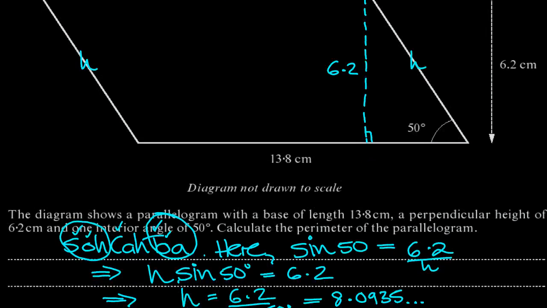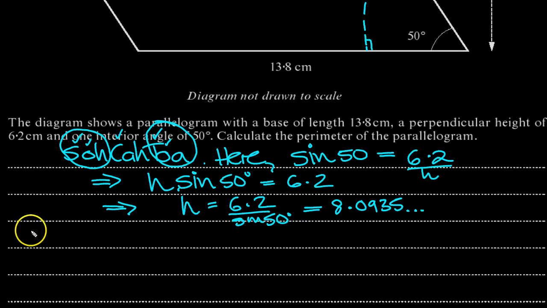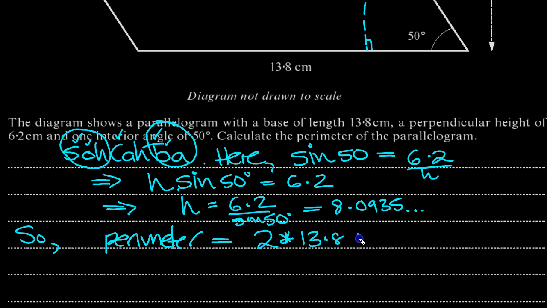So we can just use two of the 13.8s and two of the h's. So the perimeter is equal to 2 lots of the 13.8 plus 2 lots of the 8.0935 number, which is still in our calculator.